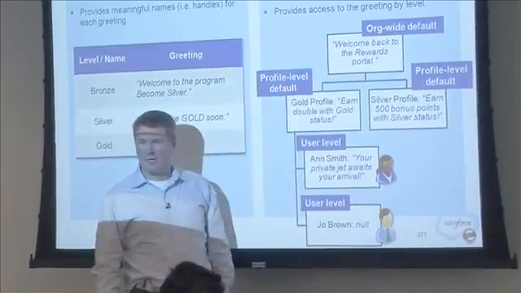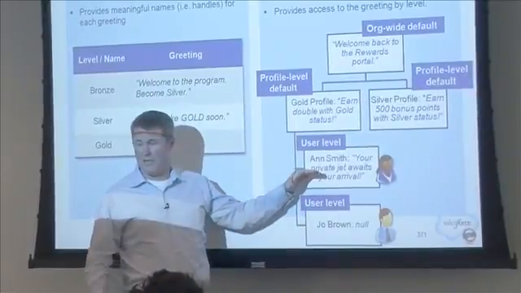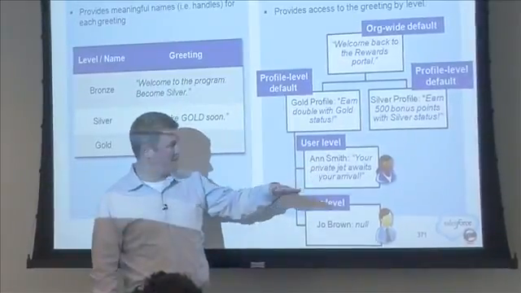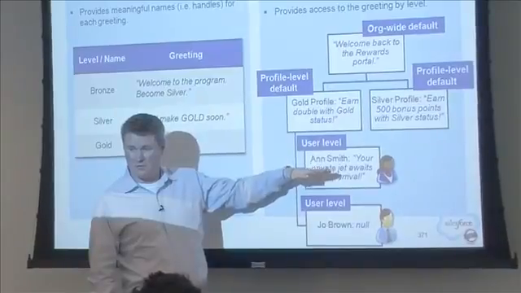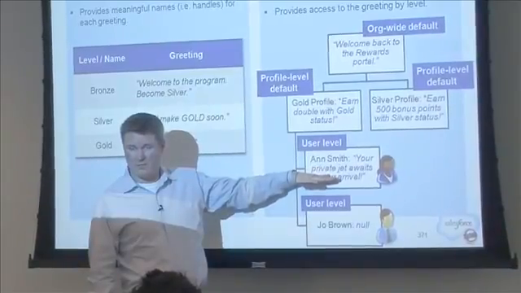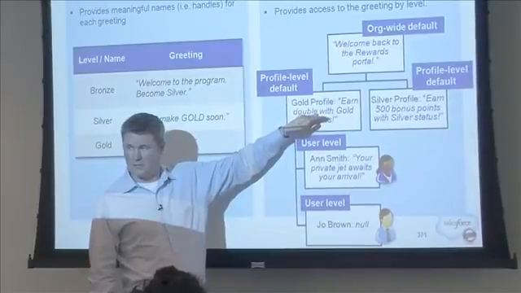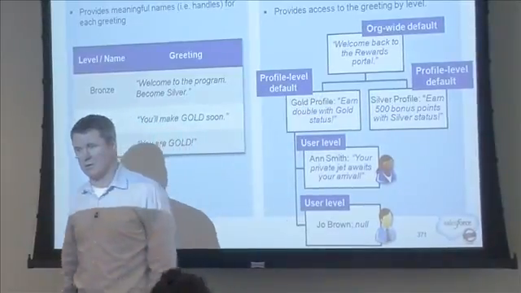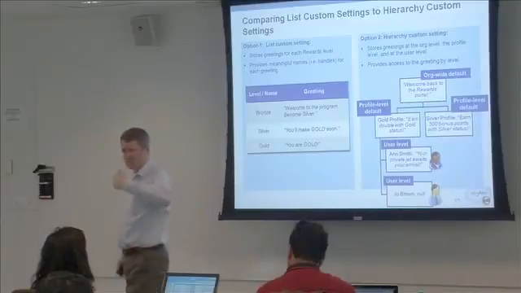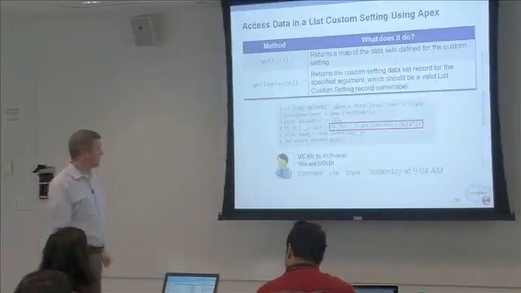If you specify a user ID, or for that matter just leave it blank, it starts at the user level and looks for a record. If it finds it, it returns it. Then it goes up to the profile. If it finds it, it uses it. Otherwise, it goes up to the org default. So it goes up the tree.